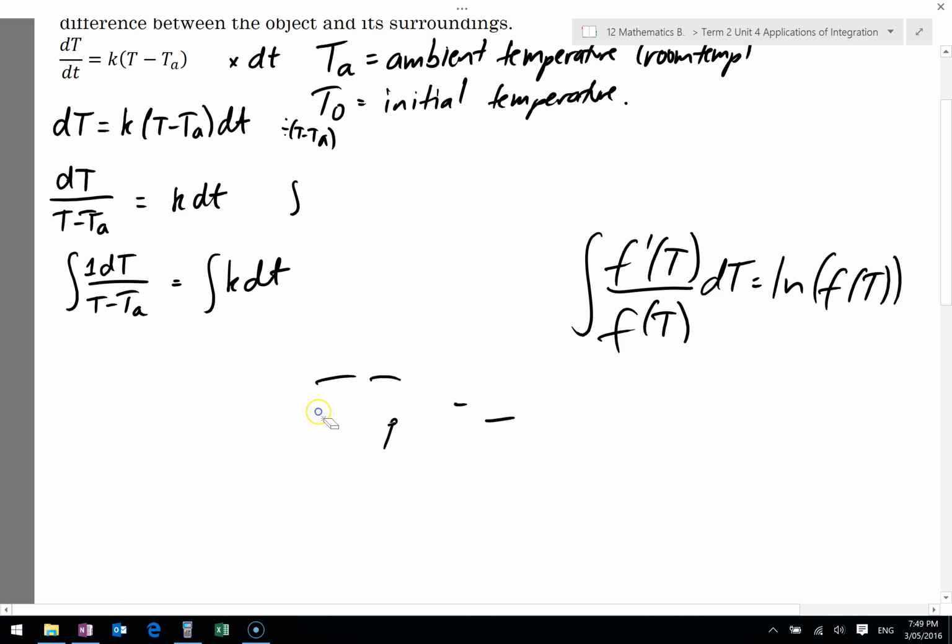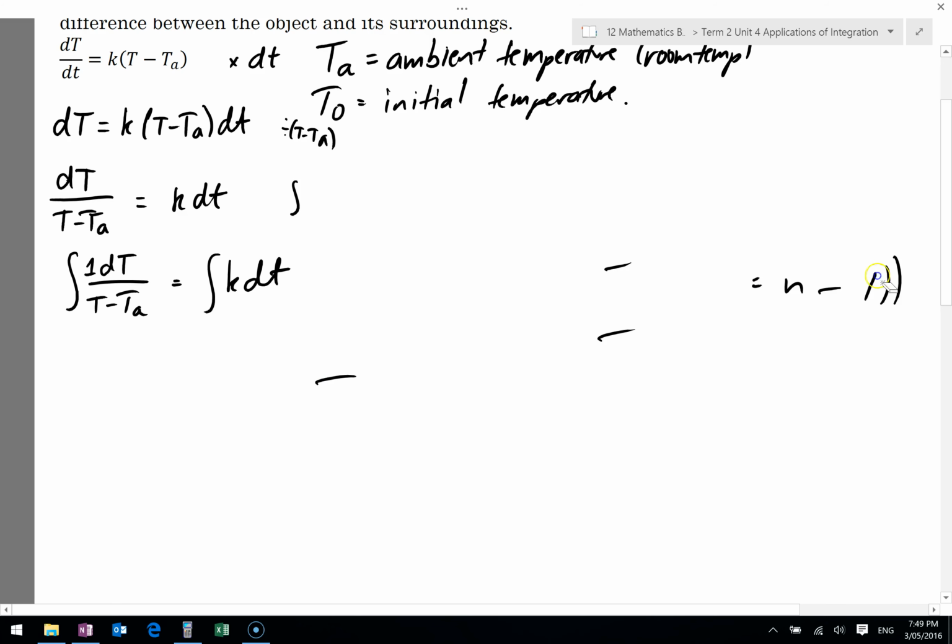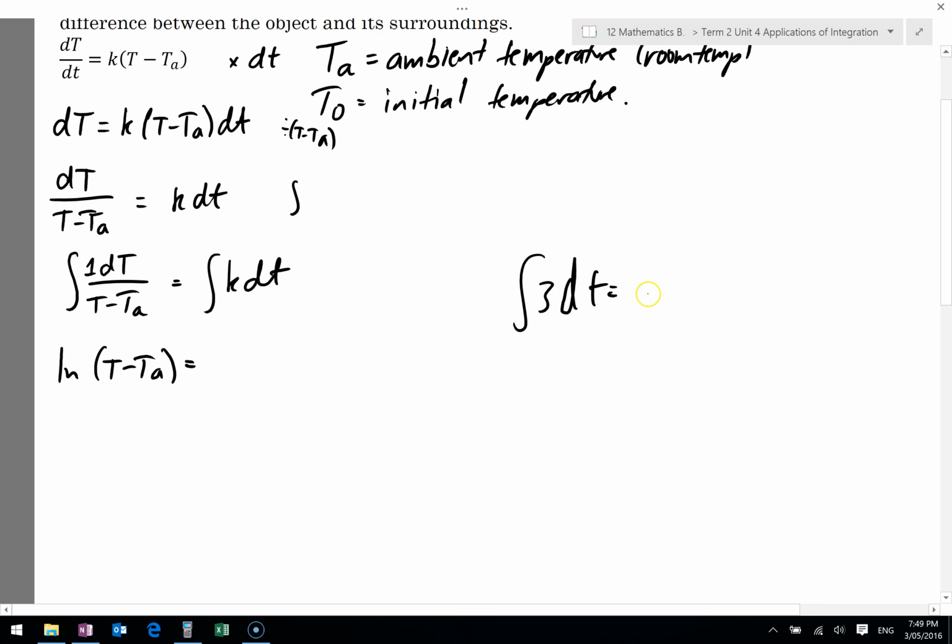So what all this is going to come down to is on the left hand side the natural log of the denominator, and on the right hand side integrating a constant with respect to t. Again, integrating 3 dt would be 3t plus c, so over here it would be kt plus c.